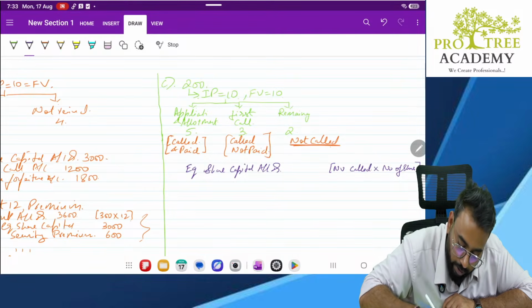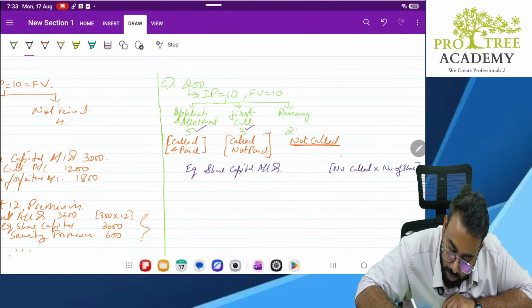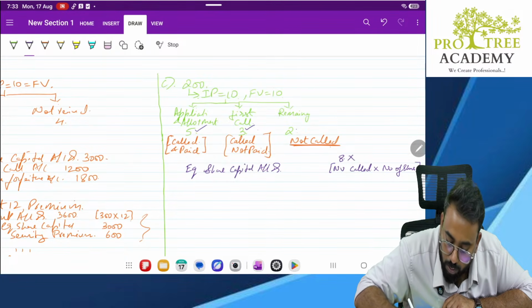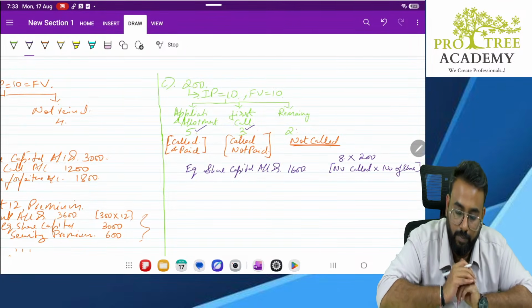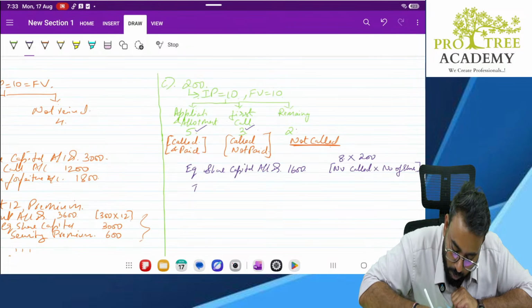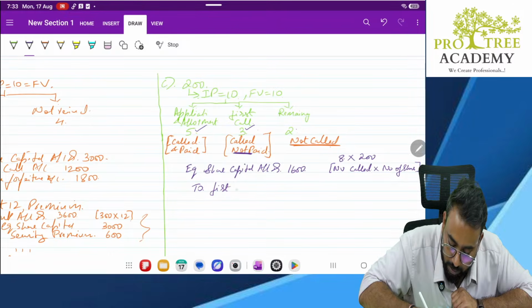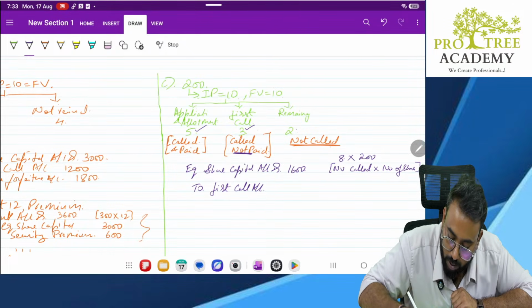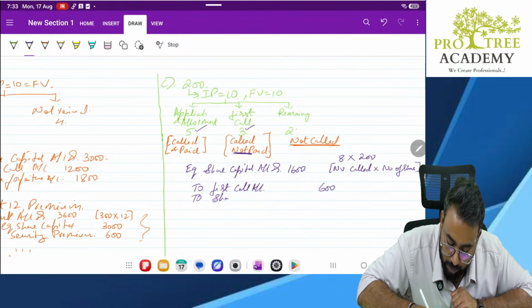What is the nominal value called? 5 plus 3; the 2 is not yet called. So 8 into 200 shares, that will be 1600. Which is not paid? This has to be credited to first call account, 200 into 3, 600. Remaining to share forfeiture account.